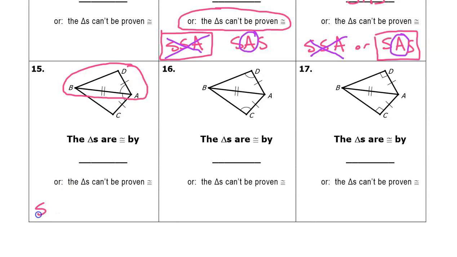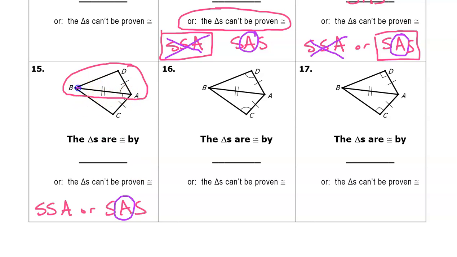So the question is, will this be side-side angle, or will it be side angle side? As we've said many times, the difference is for side angle side, the angle must be between the two sides. So let's see if it is or not.